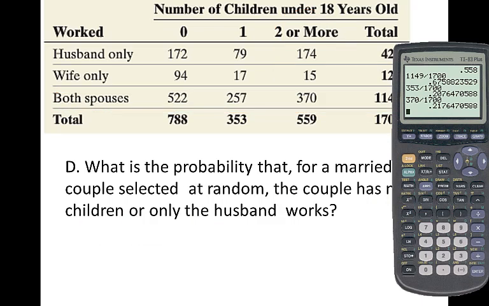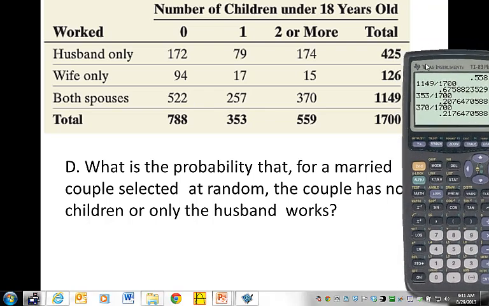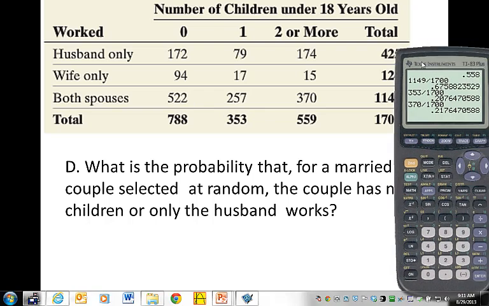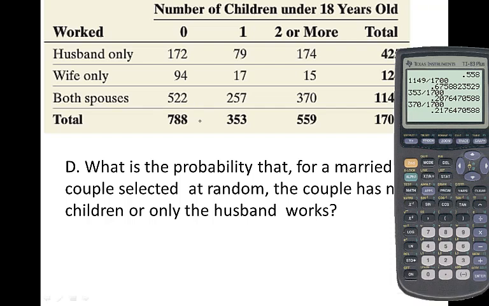Okay, part D. What is the probability that for a married couple selected at random, the couple has no children or only the husband works? Okay, so let's think about this. So has no children or only the husband works?